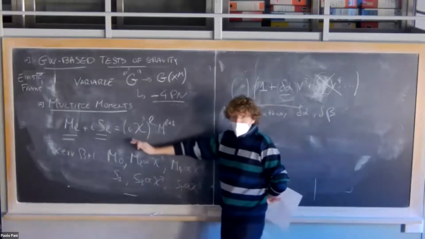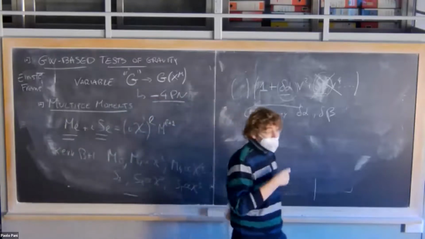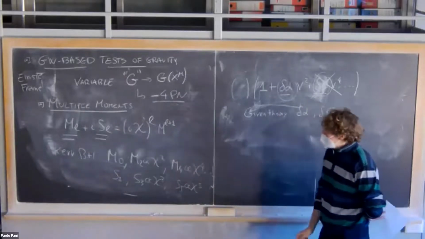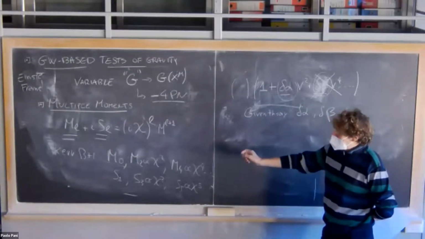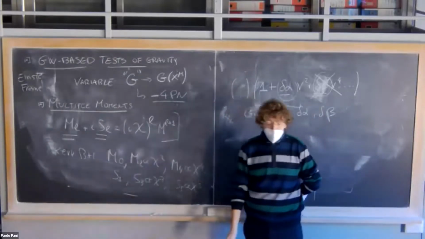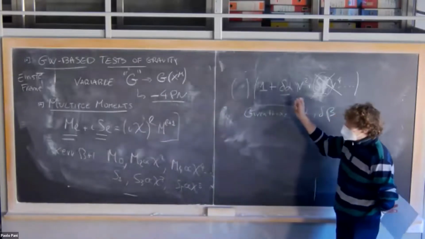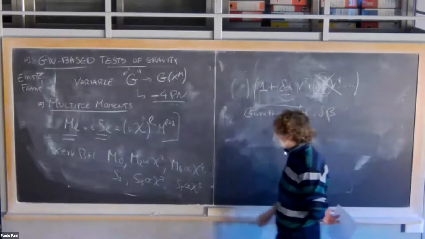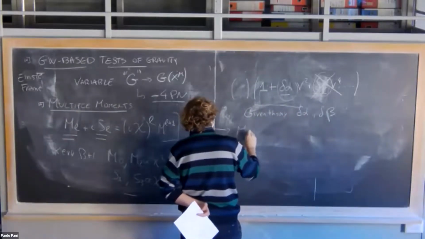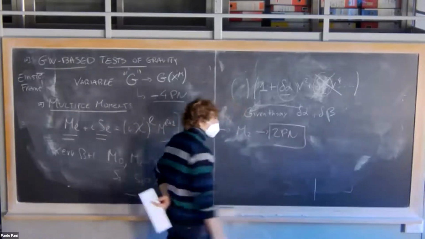All of this is not true if the black hole solution is not a Kerr black hole. If it's not a black hole, it's not true anymore. For a neutron star, this is also not true, and therefore we can test this relation, the no-hair theorem relation, through gravitational waves in many ways. One is again the post-Newtonian expansion, because it can be shown, I don't have time now to show it, that M2 enters the waveform at second PN order.